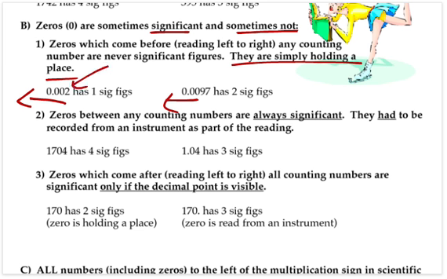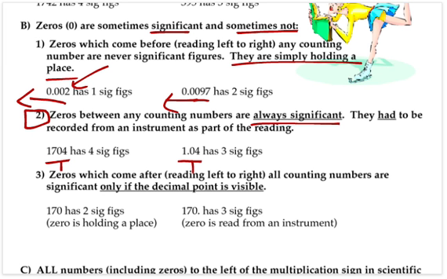It's one significant figure. This has 2. The second rule about zeros says any zeros that are sandwiched between non-zero numbers are significant. This is my sandwich rule. If they're recorded via the instrument between 2 non-zero numbers, they are significant. So this is 4, this is 3, because those zeros are in between.